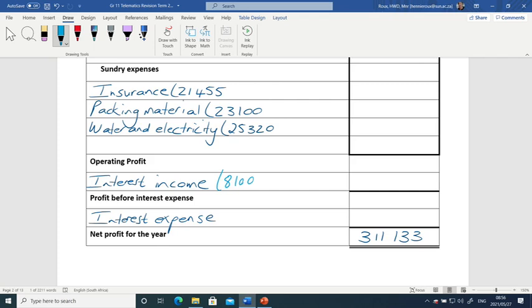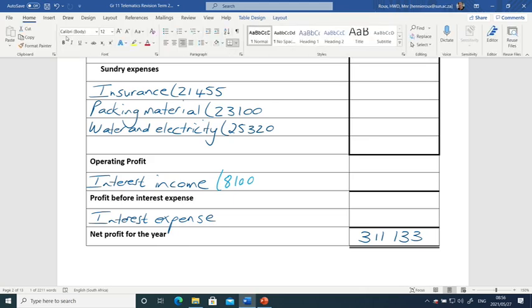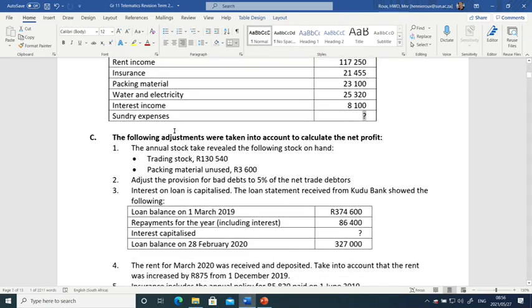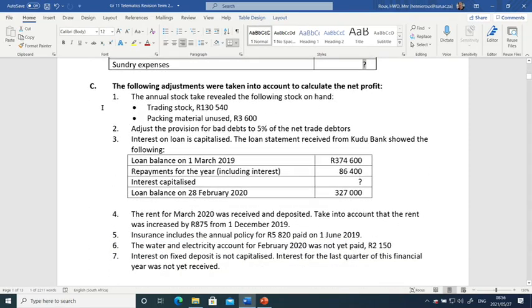You already have marks. You already earned marks because you've already written some information on the answer sheet. Now you start with adjustment number one. Adjustment number one says that the annual stock take revealed the following stock on hand. Trading stock on hand, that is how much we have. That is the counted one.